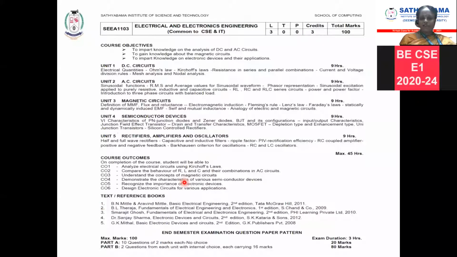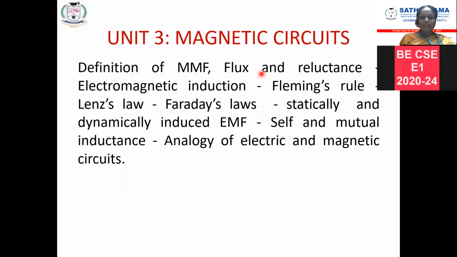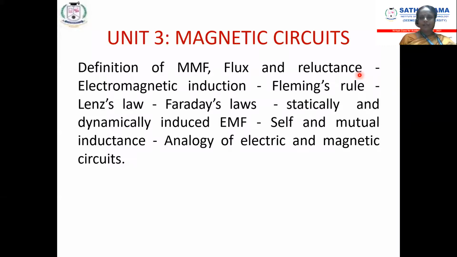Now I will enter into unit 3. The strength is around 206. Unit 3, magnetic circuit. Okay. The syllabus covers the definition of MMF, flux, reluctance, electromagnetic induction, Fleming's rule, Lenz's law, Faraday's law, statically and dynamically induced EMF, self and mutual inductance, and the analogy of electric and magnetic circuits.